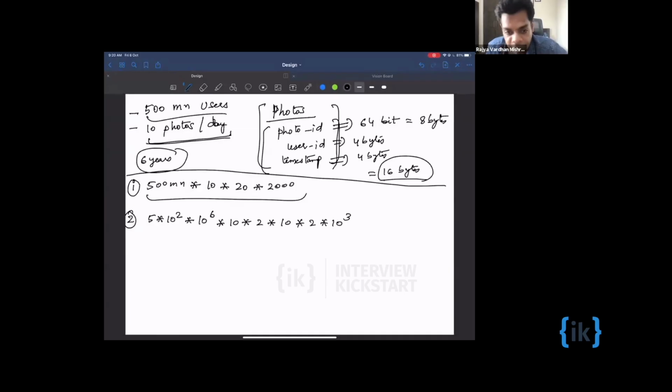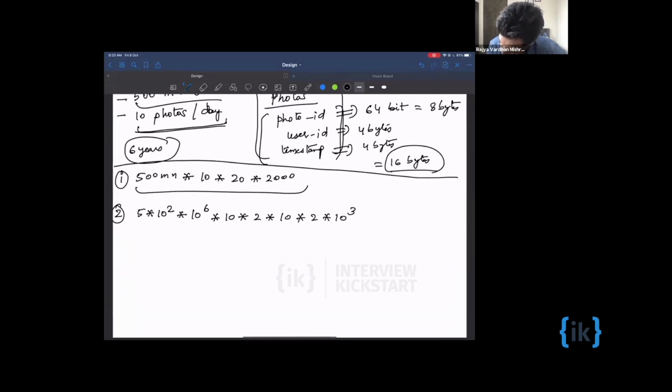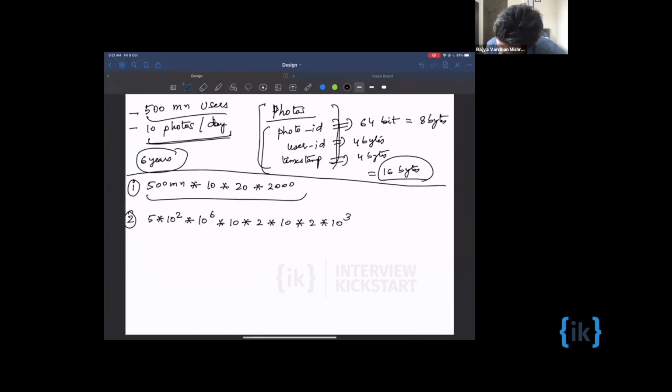Once we have done that, we count the number of tens here. So 2 plus 6, 8, plus 1, 9, plus 1, 10, plus 3, 13. So we have 10 to the power 13. Then we have 2 into 2, 4, into 5, 20. So we have this number now.